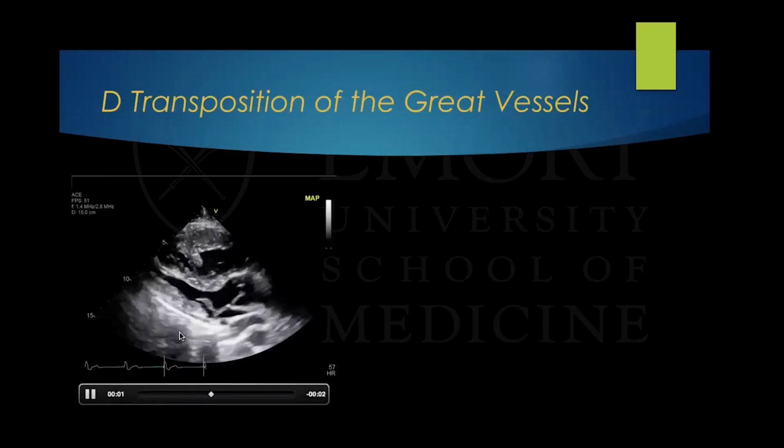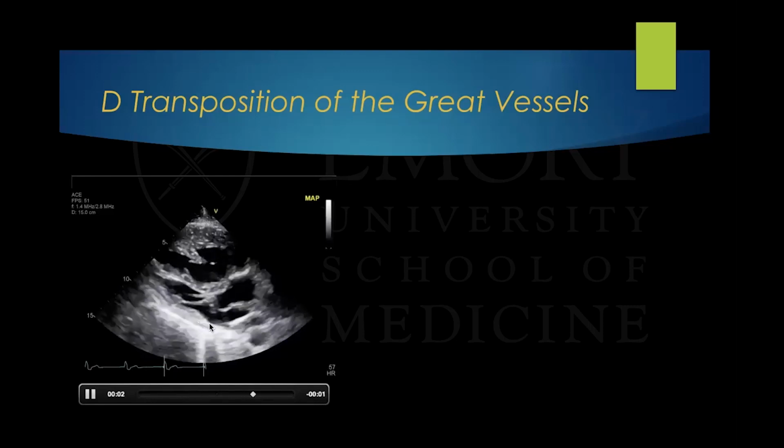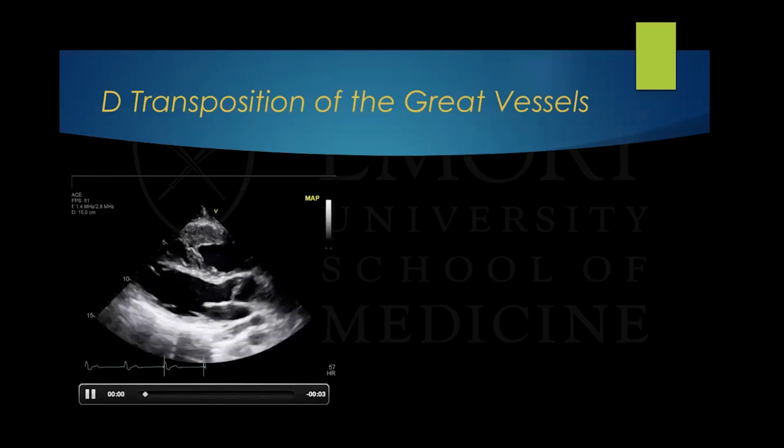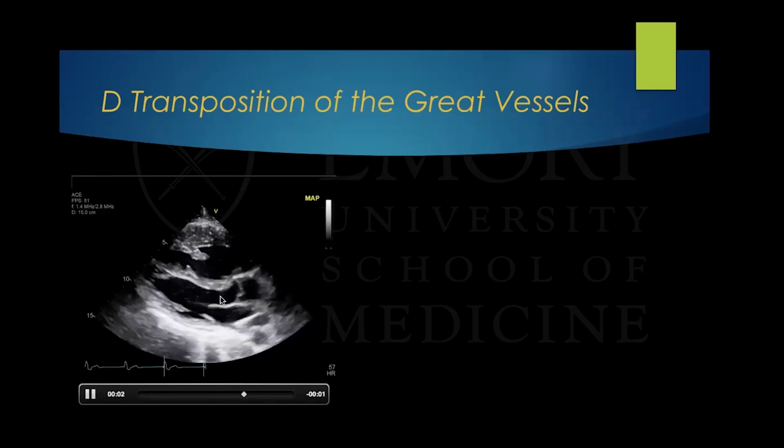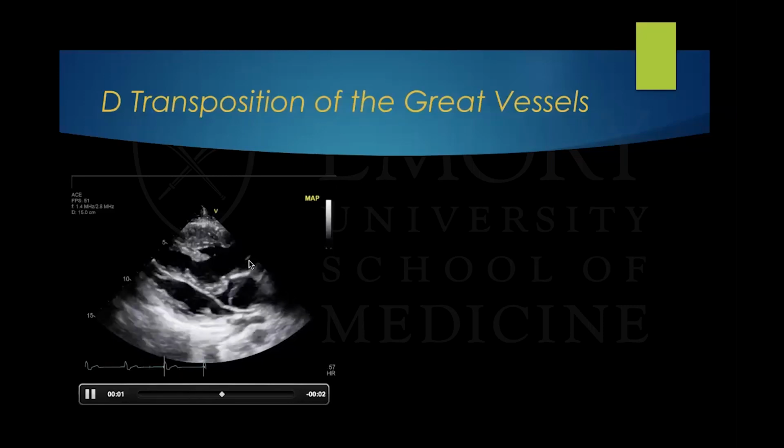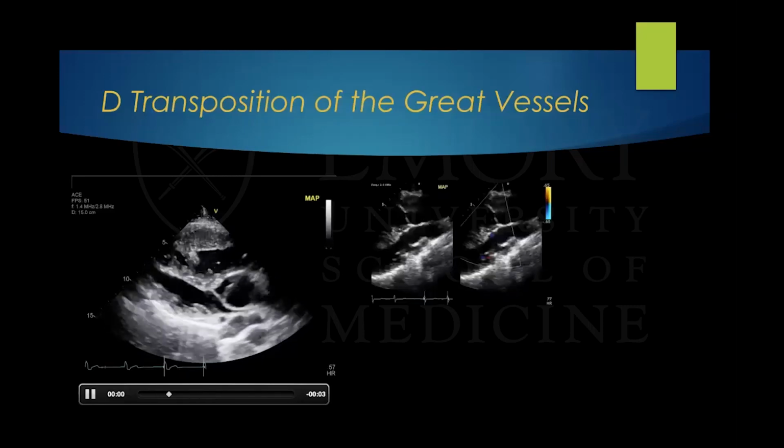In this parasternal long axis view, you will see that there is a very D-shaped left ventricle. There is some systolic anterior motion of the mitral valve due to the shape of the left ventricle. And this left ventricle leads the blood to the posterior pulmonary artery. And this anterior right ventricle is very heavily trabeculated because it's now a systemic ventricle that leads the blood to an anterior aorta.